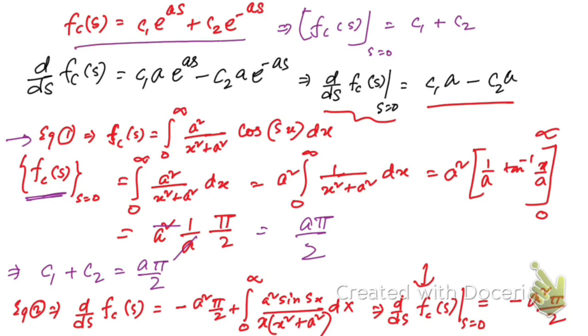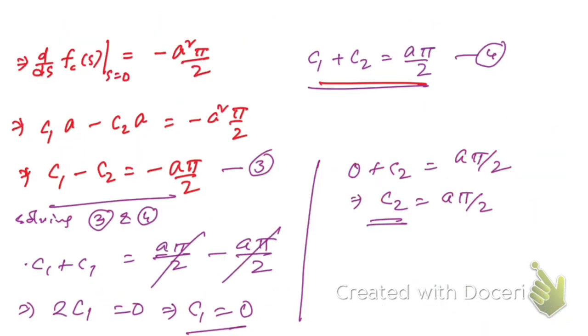Okay, let me put those values of c1 and c2 here. So then what we're going to have, therefore, small fc of s.